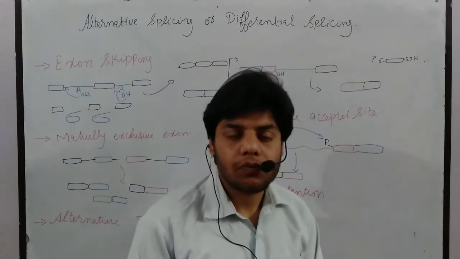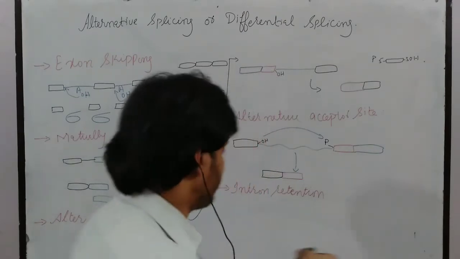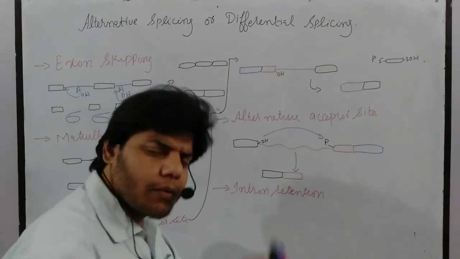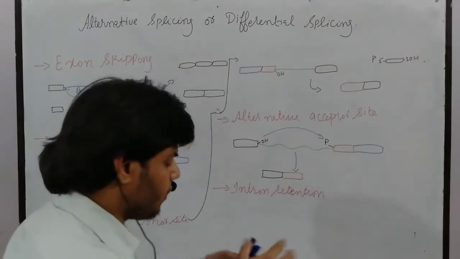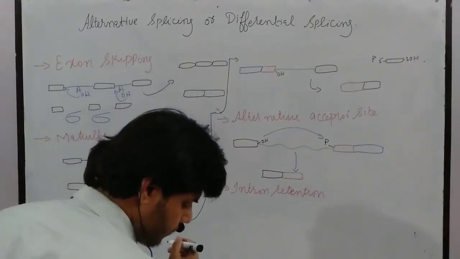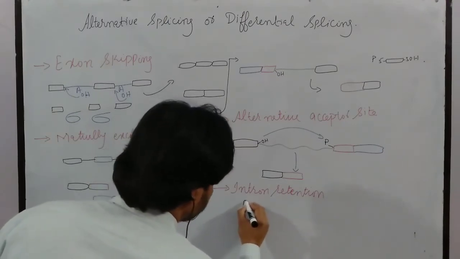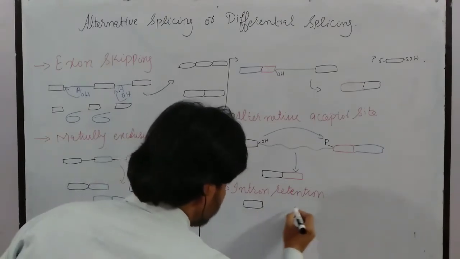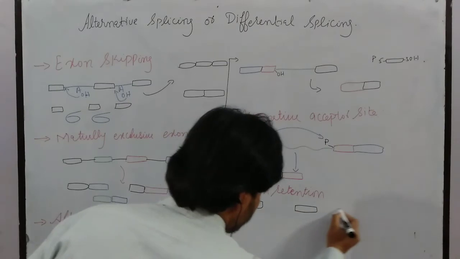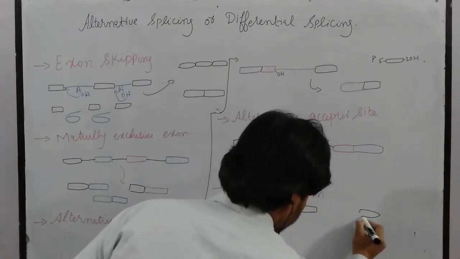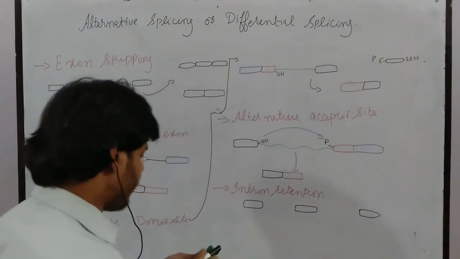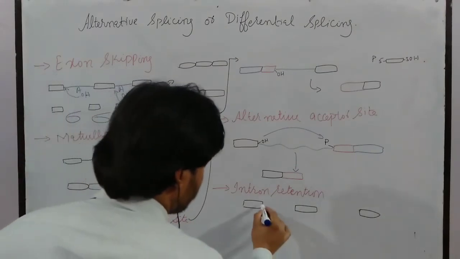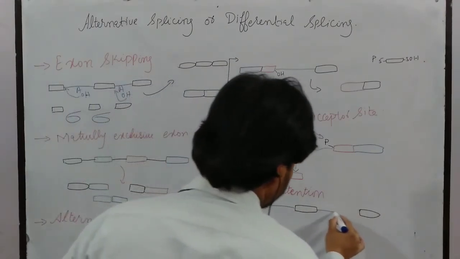In this case, it does not usually occur, okay, but in some cases it may also occur. So we have the exon, as you can see. We have 3 exons, and among them we have the intron.